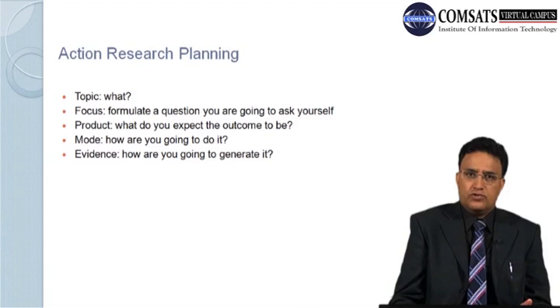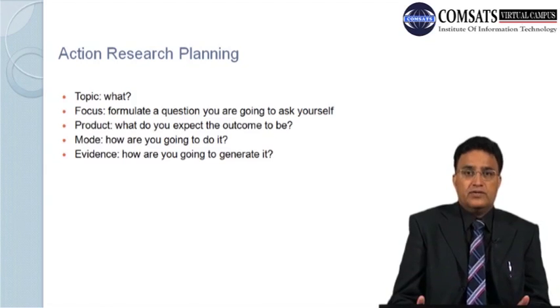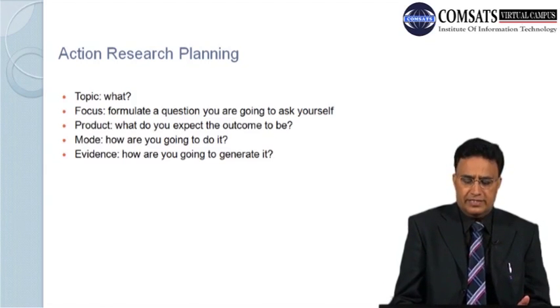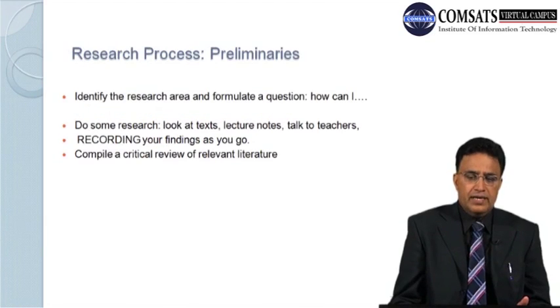So that is topic, focus, product meaning outcome, mode, the way of doing it, and the evidence. They are the key areas or components of action research, which should be decided at the time of planning the research.